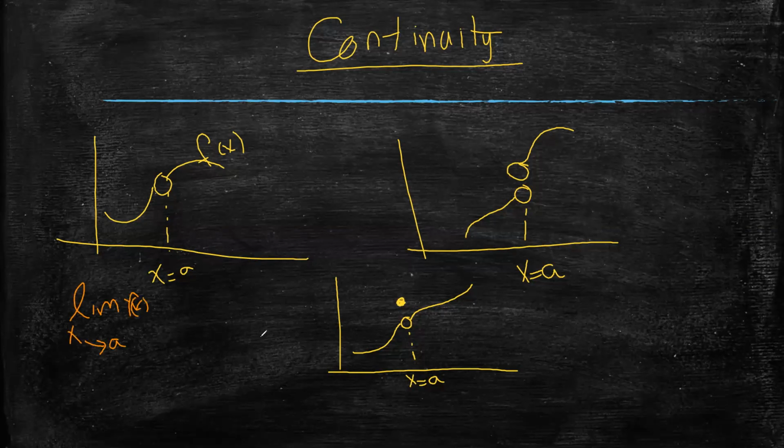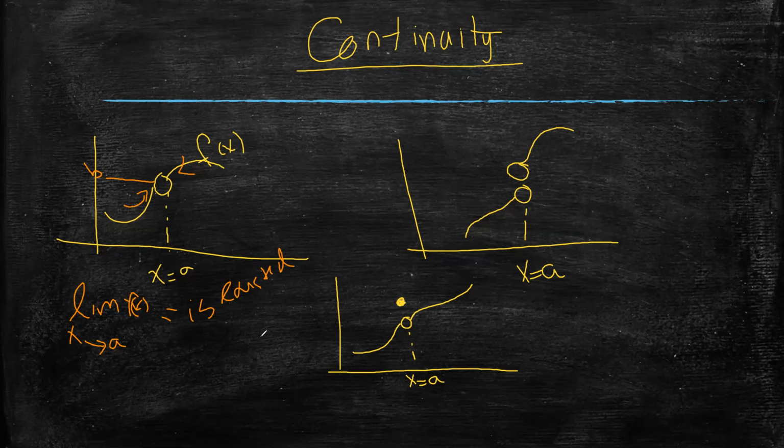Look at x from the right, it is equal to b, and x from the left is also b. So the limit exists, because the limit from the right is equal to the limit from the left. But what about the value of f of x?